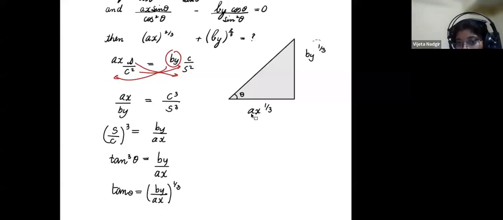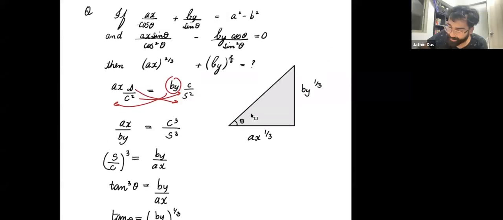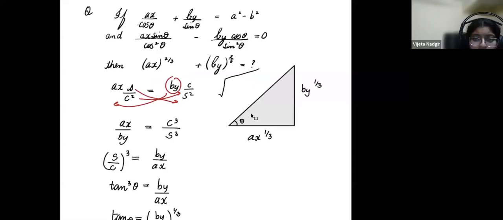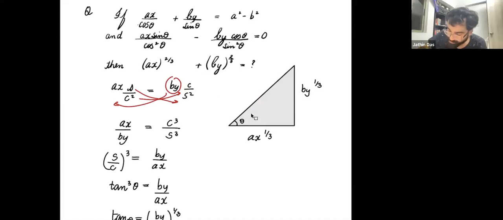Yes, because if I have to apply it in this equation, then I need cos and sine. This is the only way to find cos and sine. And what will this be? Root of a square minus b square? Yes, a square minus b square. So root of, here it will be ax raised to 2 by 3, by Pythagoras theorem.